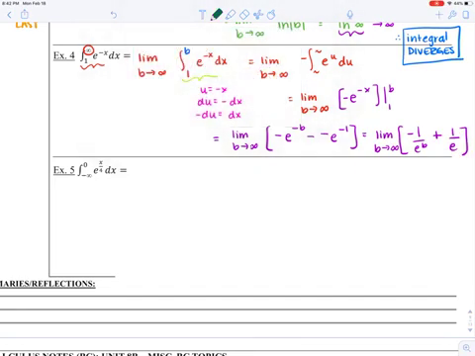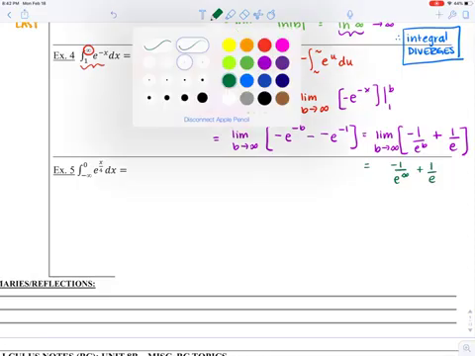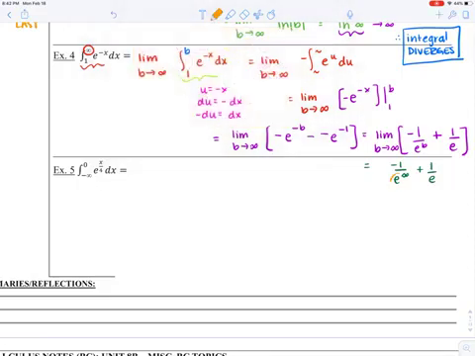So now that you've cleaned this up, we're ready to evaluate our limit. So integral first, bounds second, limit last. When I direct substitute in, I get negative 1 over e to the infinity plus 1 over e. Now look at this for a second. Remember that e to the infinity is going to get infinitely big. And if a denominator is getting infinitely big, then the number is getting infinitesimally small. So this whole term is going to go to 0.